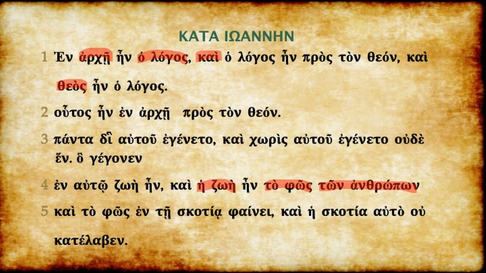Verse 4, in him was life, and life was light to the human beings. Verse 5, and the light in the darkness shines, and the darkness didn't put him down, didn't overcome, didn't overpower him.